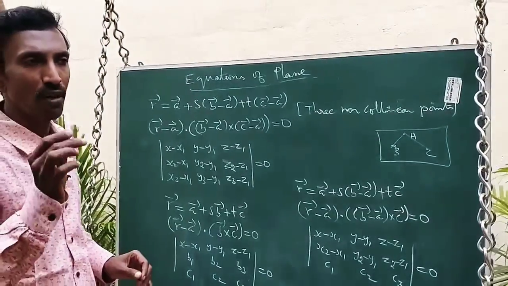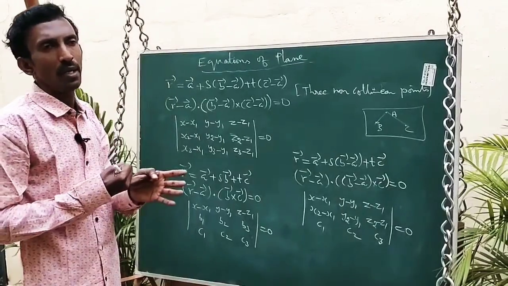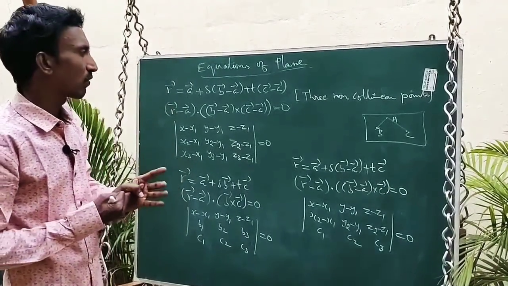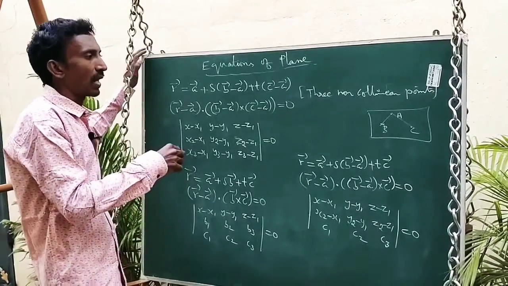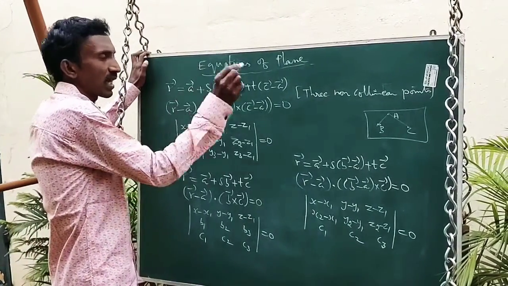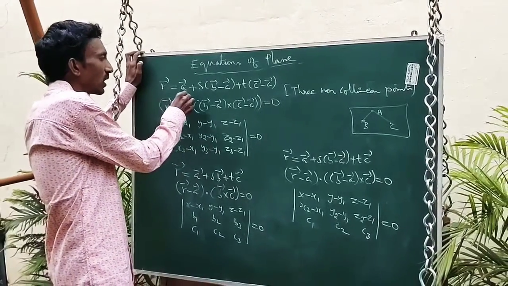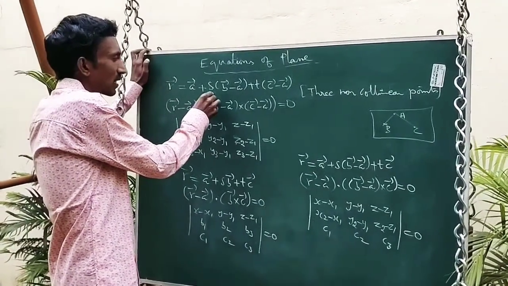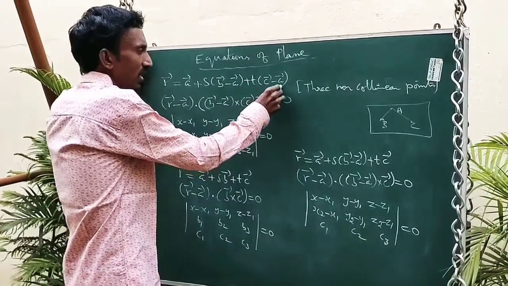Again, we have three different forms: parametric vector form, non-parametric vector form, and Cartesian form. Let me take the position vectors of the three points as A vector, B vector, C vector. Then the vector form is R vector equal to A vector plus S into (B vector minus A vector) plus T into (C vector minus A vector).